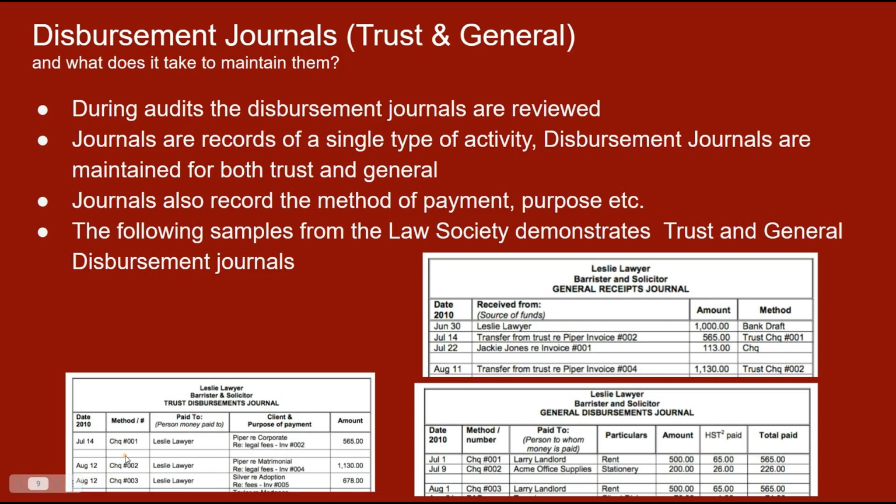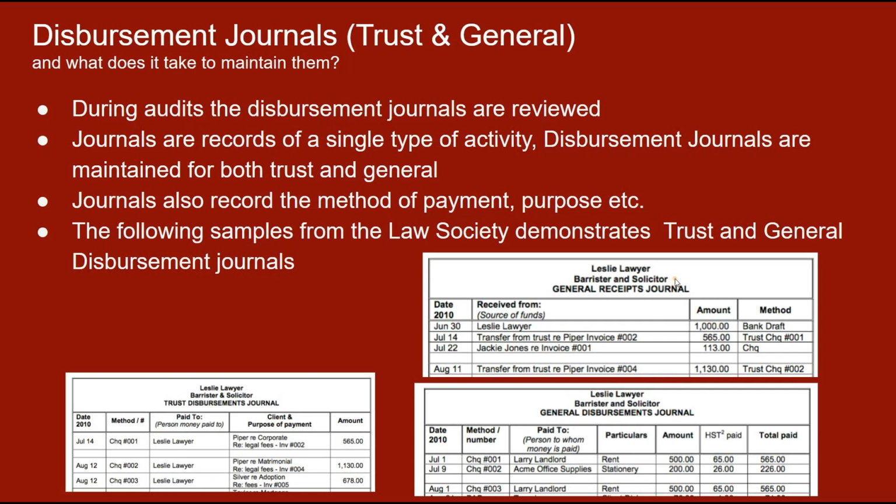So the journal, in addition to the date, particulars, and the amount, also captures the method and who this is paid to. You can clearly see that this is a payment that was made to self. So Leslie is the actual lawyer here, and she's pretty much paid herself. Okay? Or it's being written to Leslie the lawyer.